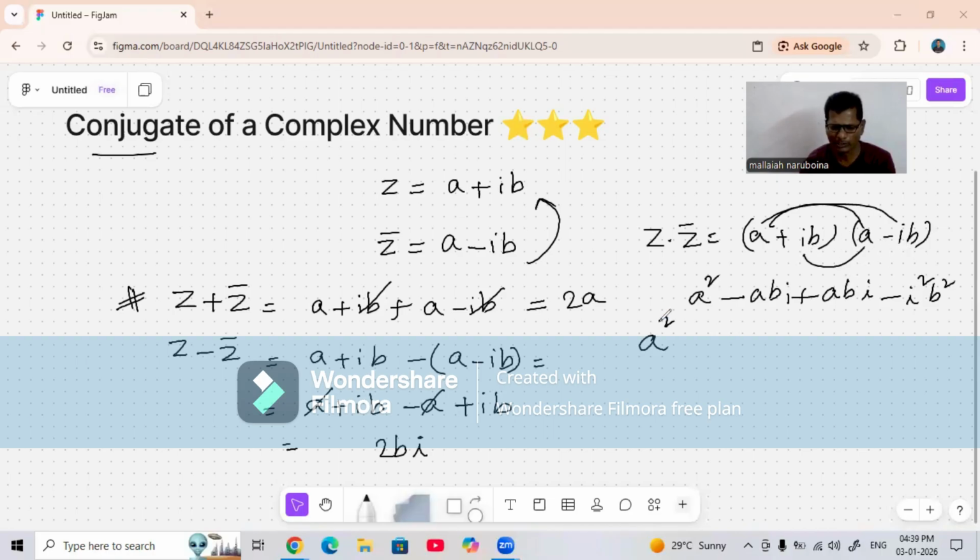So this will be a square minus abi plus abi, here minus i square value is minus 1, b square. Minus abi plus abi gets cancelled. a square minus into minus is plus 1 into b square. So z into z bar is equal to a square plus b square. These results you have to remember while solving big questions.